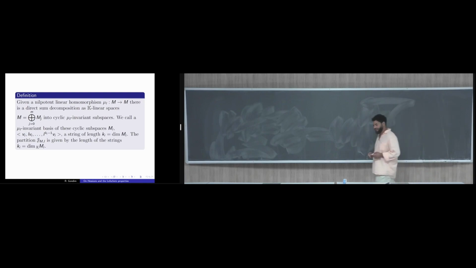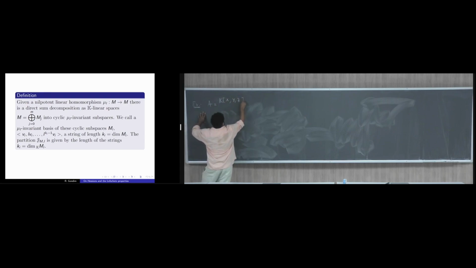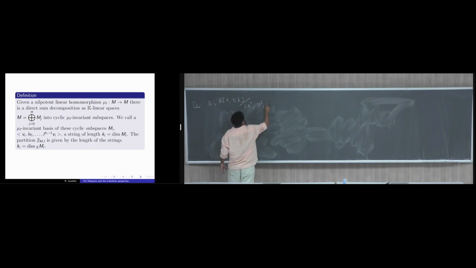Let me start with a very easy example that we actually studied in the previous lectures. A equals k[x,y,z] over (x squared, y squared, z squared), whose Hilbert function is 1, 3, 3, 1.